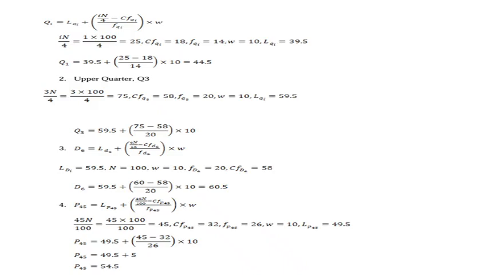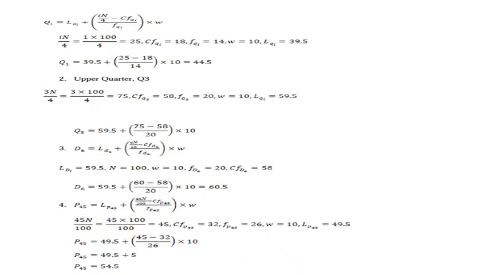Then CFQI, that is the cumulative frequency before the class containing the 25th value, is 18.